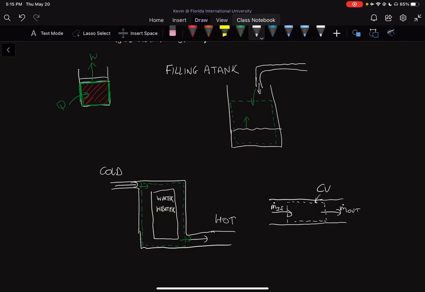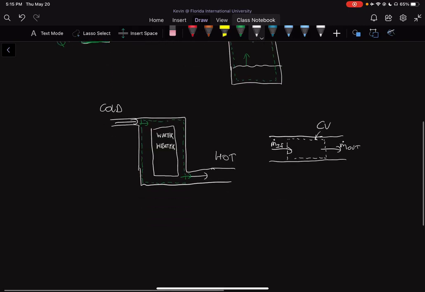The difference between a closed system and an open system is that now mass is allowed to cross this boundary. We can summarize it as: in an open system, mass, heat, and work can cross the boundary. So all three can now cross the boundary.